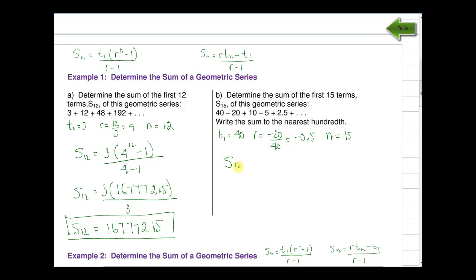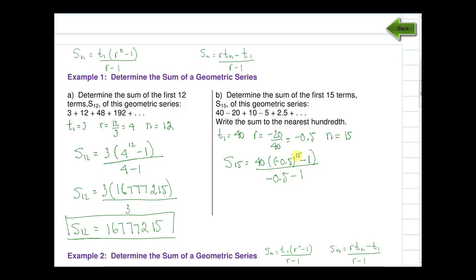So S15 is equal to T1, which is 40, times R to the n power, and I need to put this in a bracket, to the 15th, and then minus 1 over R minus 1, which is negative 0.5 minus 1.